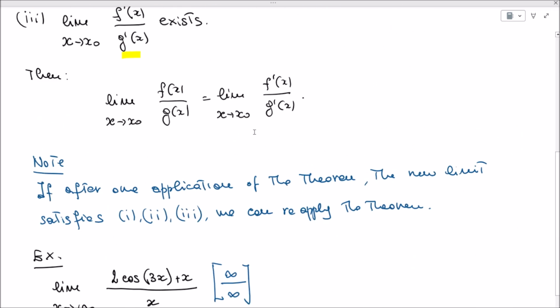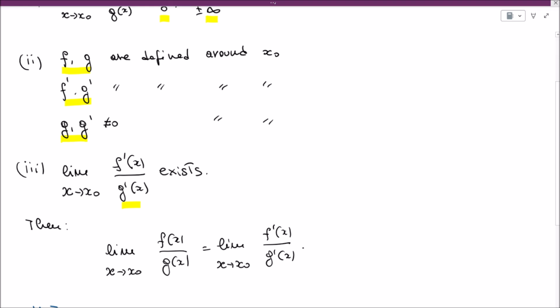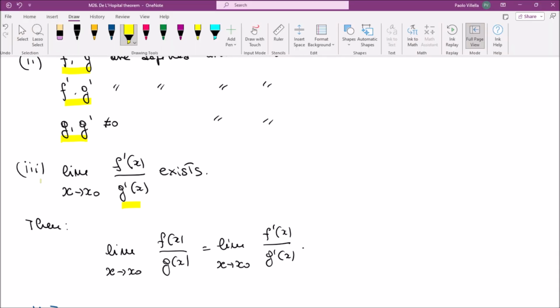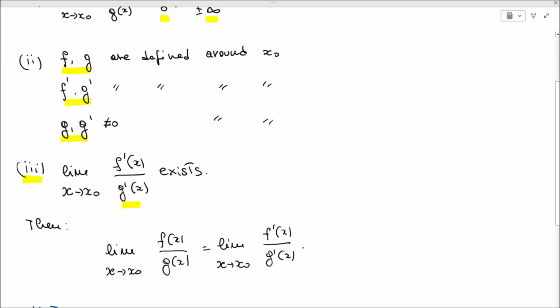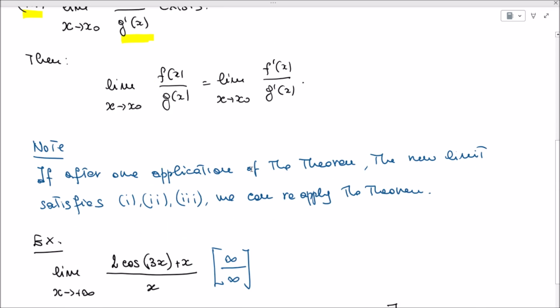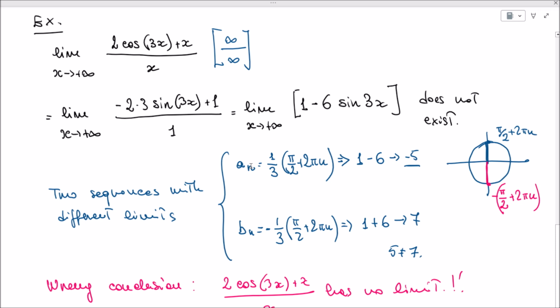In fact, one of the conditions of applicability of the limit was that, to conclude that the ratio of f of x and g of x and the ratio of f prime of x and g prime of x have the same limit, the second one has a limit. We are now, however, in a situation where the second limit, the limit of the ratio of derivatives, has no limit. So we cannot conclude anything about the first limit.